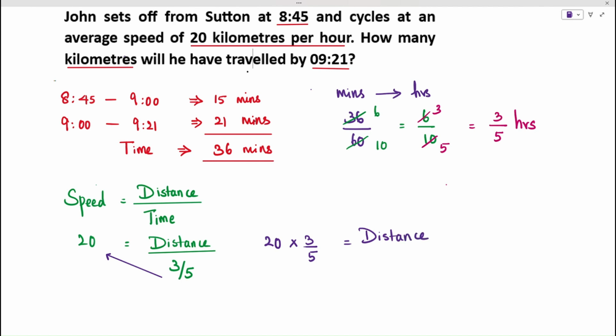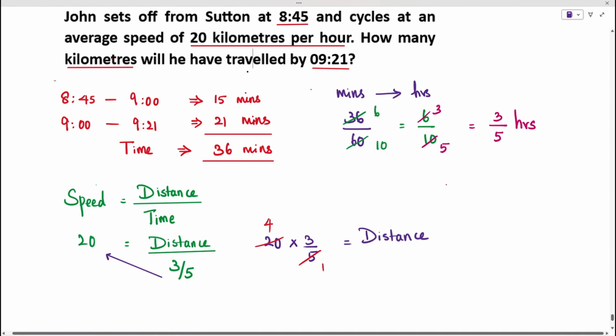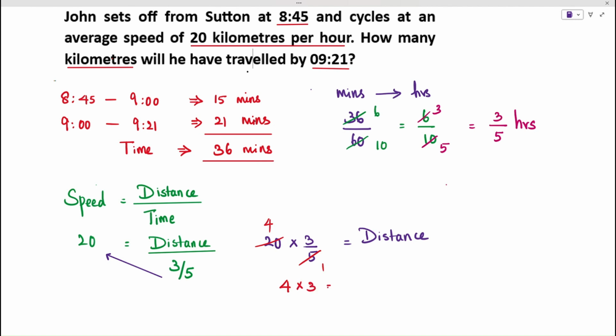And now if we multiply the two values together, we can do some cancelling out. So we get 20 is equal to 5 times 4. Now we're left with 4 times 3, which is equal to 12. And the distance he has travelled is 12 kilometers.